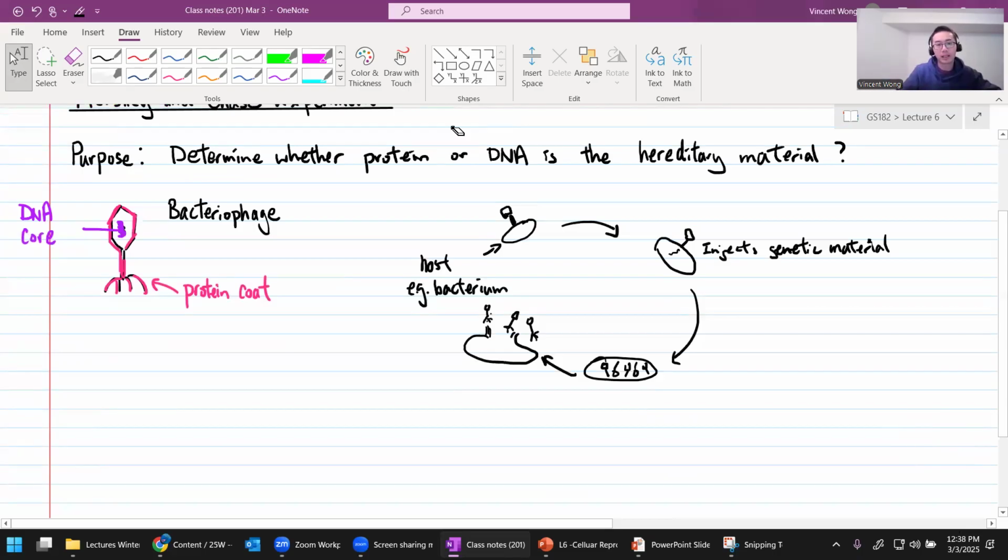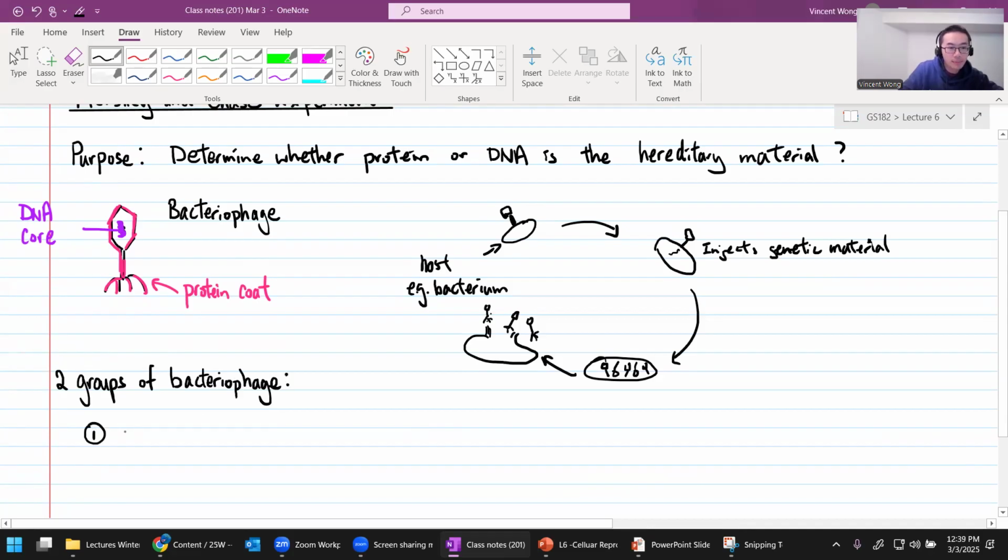So they understood that, they knew that. They just didn't know what went inside. Okay? So in their experiment, they prepared two groups of bacteriophage.